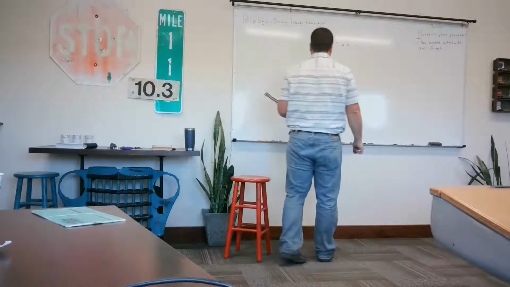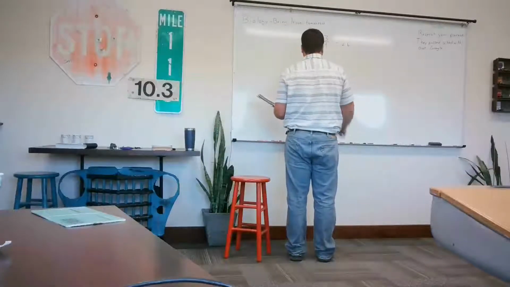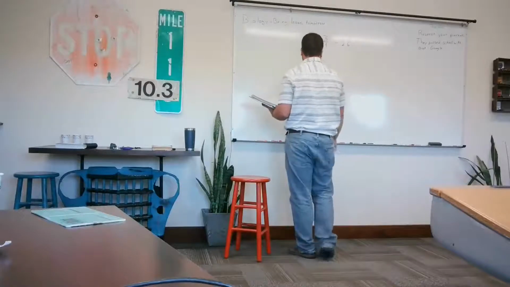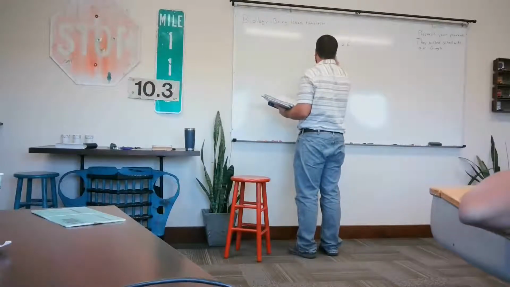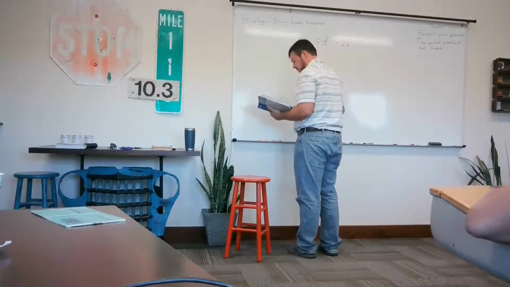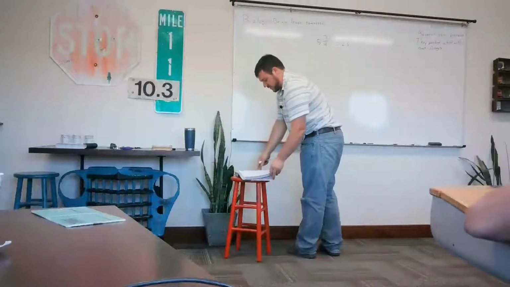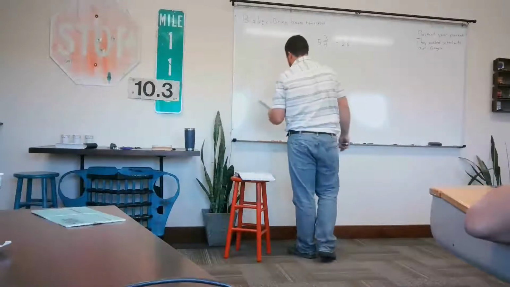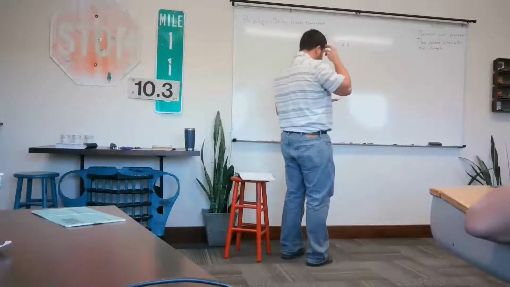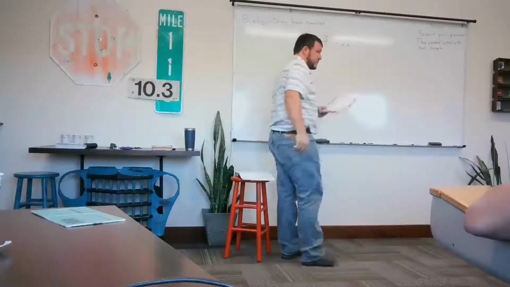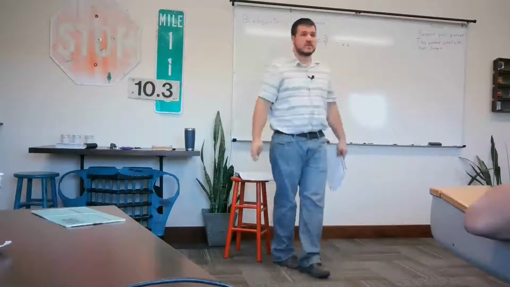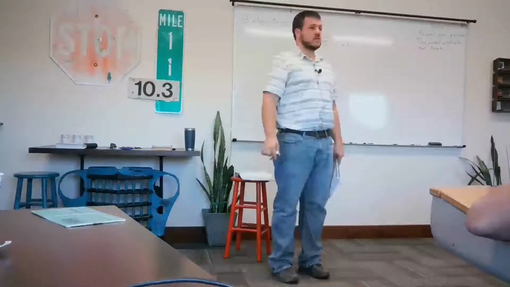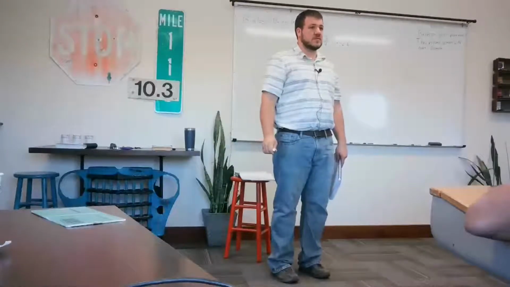Let's work through this one. I'll give you credit for it. 5 and 3/4 minus 2 and 1/6. If you have that one wrong, we'll work through it here together as a class. First things first, change the denominators to the same number.